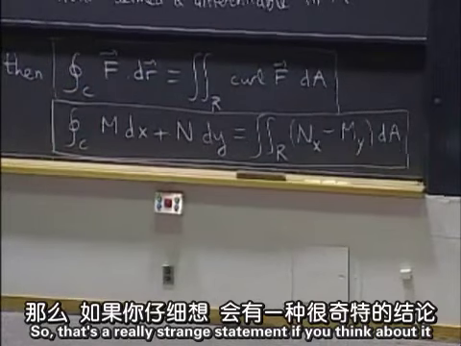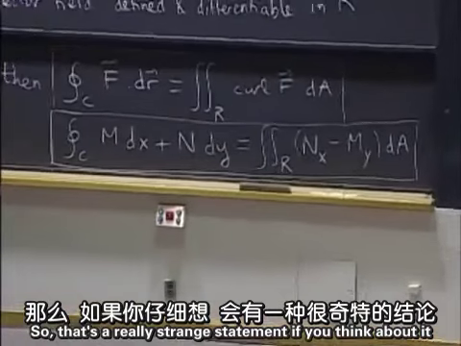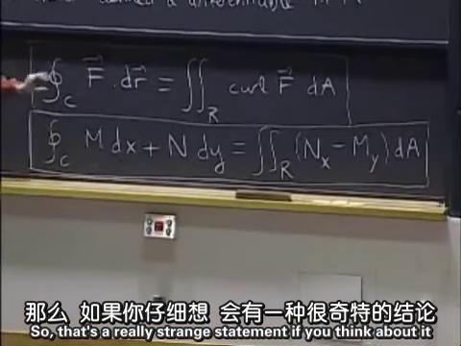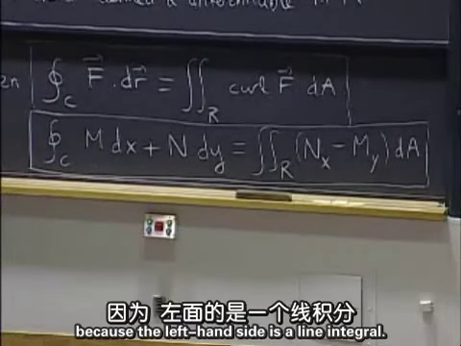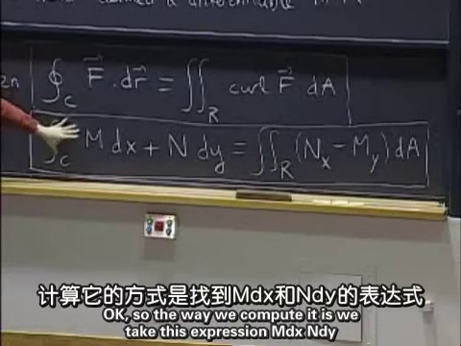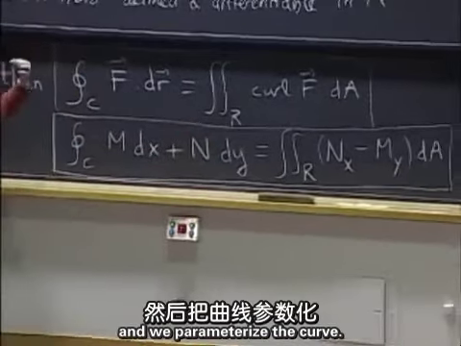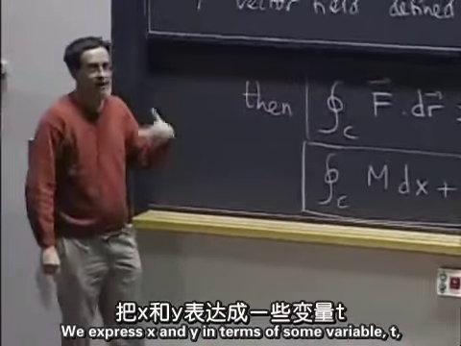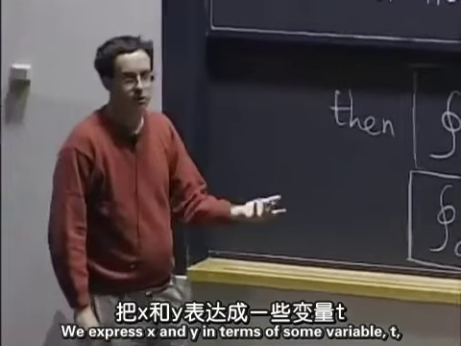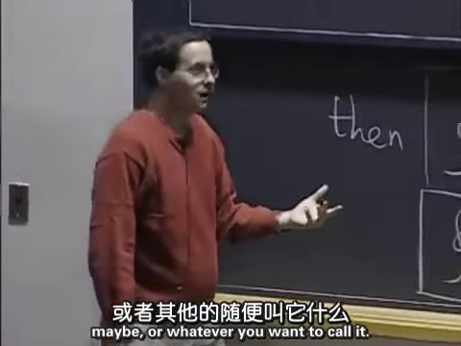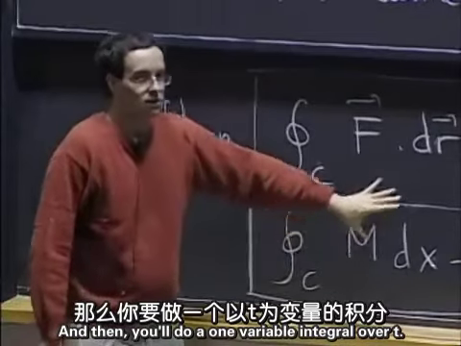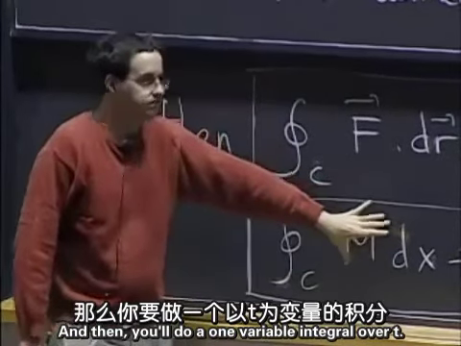So that's a really strange statement if you think about it, because the left-hand side is a line integral. Okay, so the way we compute it is we take this expression m dx plus n dy, and we parameterize the curve. We express x and y in terms of some variable t, maybe, or whatever you want to call it, and then you will do a one-variable integral over t.